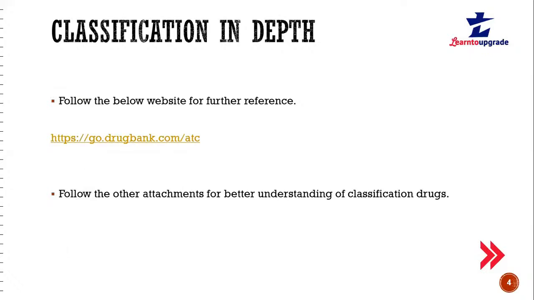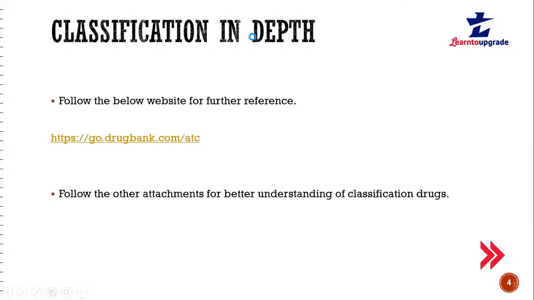There are actually 4 or 5 levels. First there is a therapeutic agent level, a pharmacological level, a medicinal chemistry level, and slowly they categorize all the products, and at the last level you will find the product name.